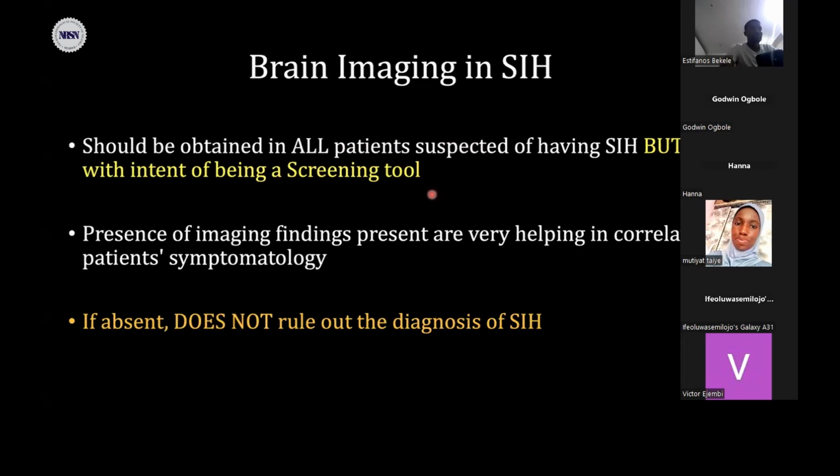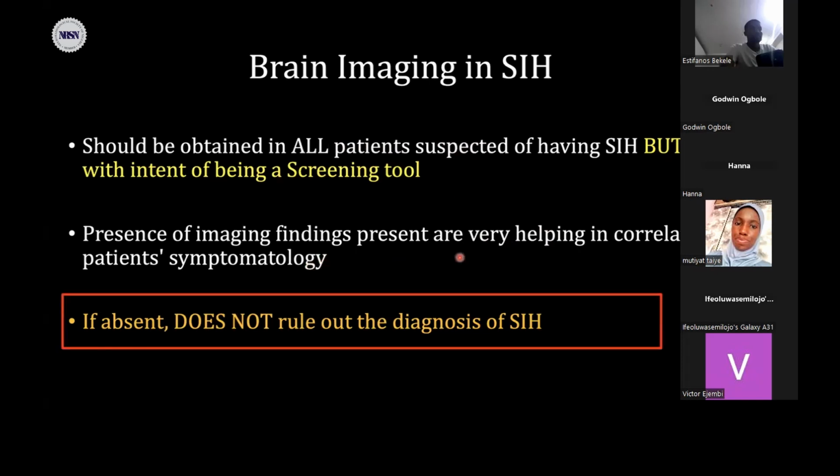The findings, when present, are very helpful in correlating with the patient's symptoms. Be careful and note that their absence will not rule out your diagnosis of SIH. So don't put in your report that there are no features suggestive of SIH; if you don't see any feature, report that it cannot be excluded and further workup needs to be done.